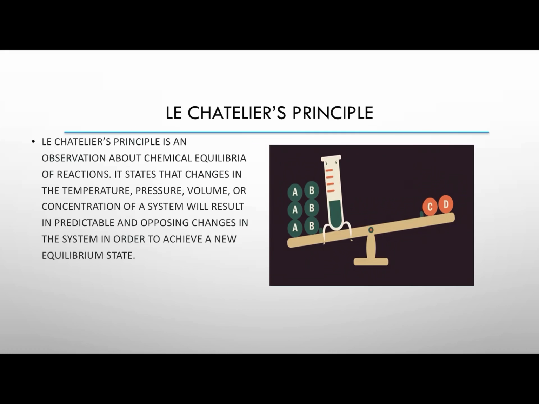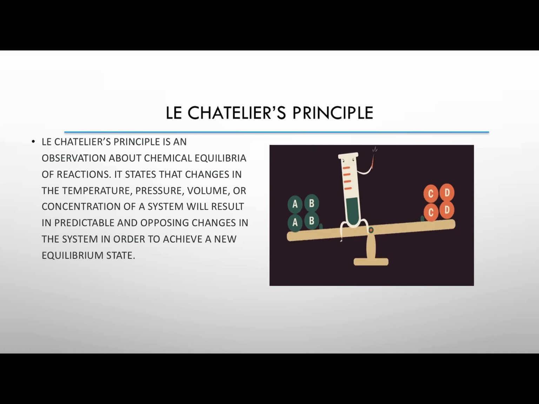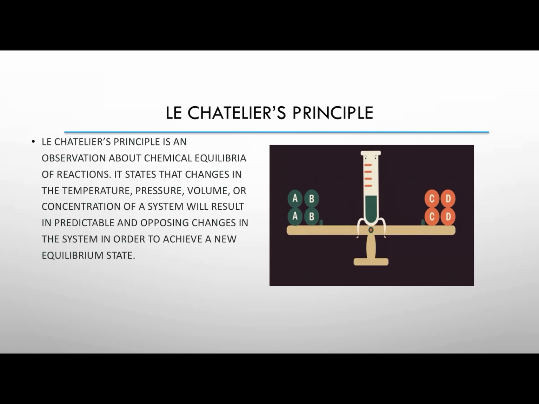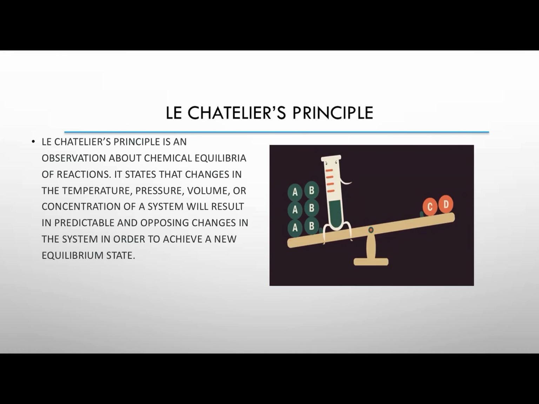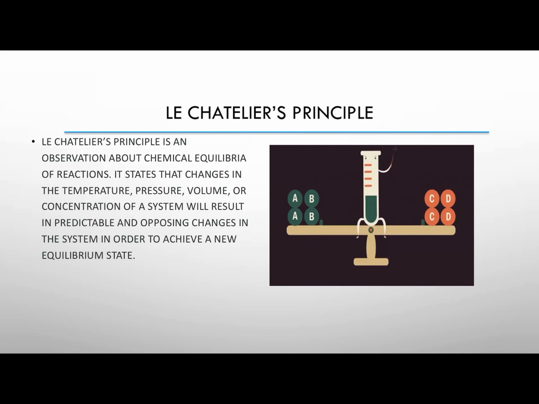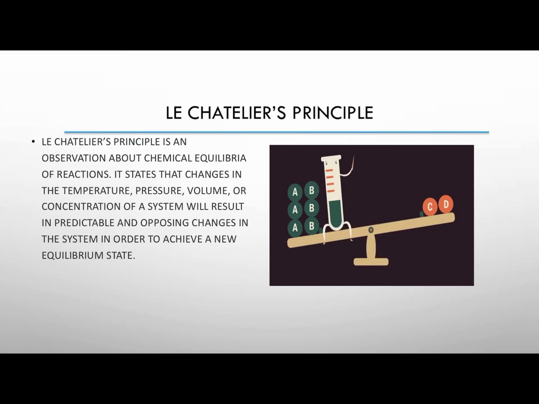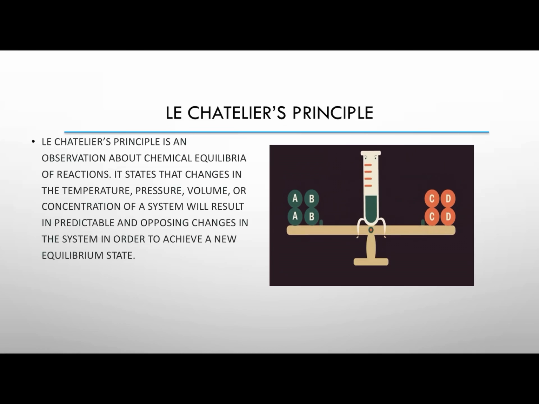In other words, it can be stated as: when a system at equilibrium is subjected to a change, the equilibrium shifts in a direction so as to nullify the effect of the change. It is applicable to any system at equilibrium. It can also be applied in a chemical reaction, and the change can be brought about by changing temperature, pressure and concentration.